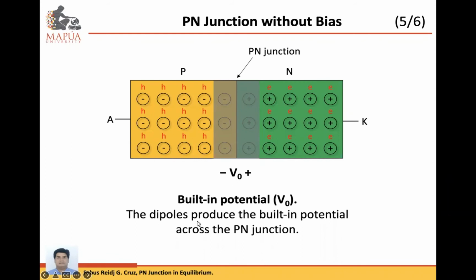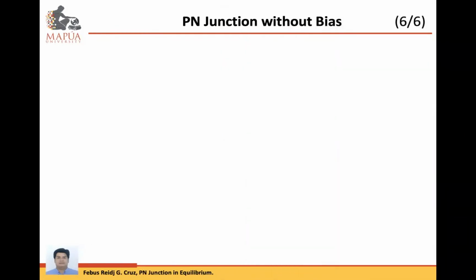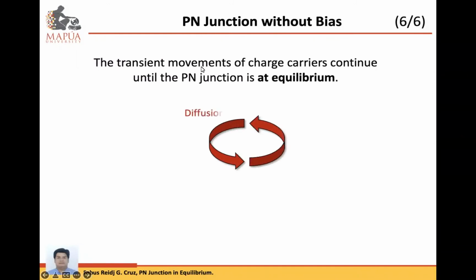The dipoles produce the built-in potential across the p-n junction. The transient movements of charge carriers continue until the PN junction reaches the equilibrium condition. So you have the diffusion, followed by recombination, followed by the formation of the depletion region, and inside the depletion region you have dipoles, and as this continues, the built-in potential increases.